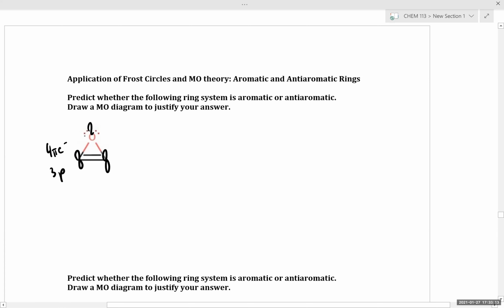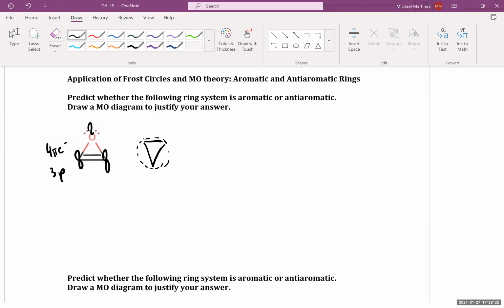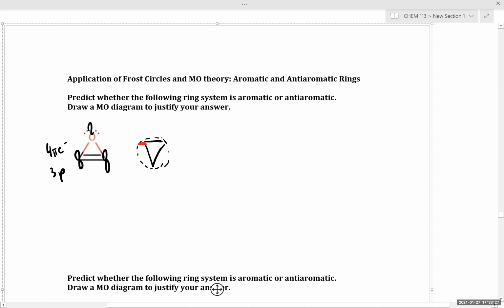So if we wanted to draw a Frost circle from this, we draw our ring, we draw a circle around our ring system, and then at each point where the ring touches the external drawn circle, we draw an orbital at that location with that given energy.